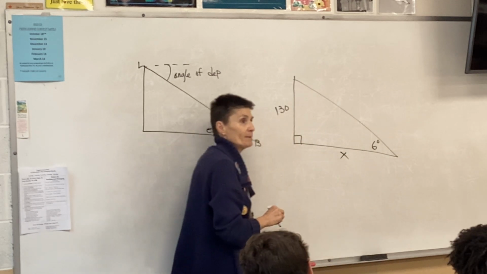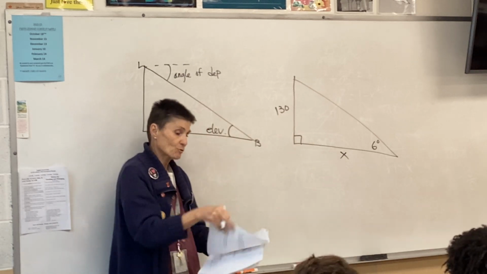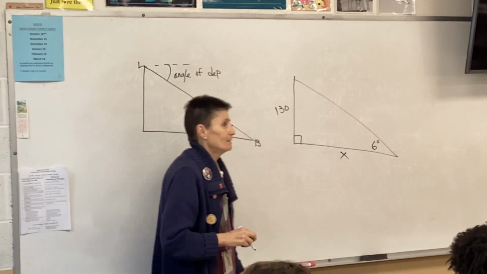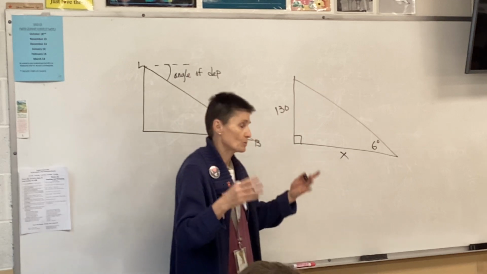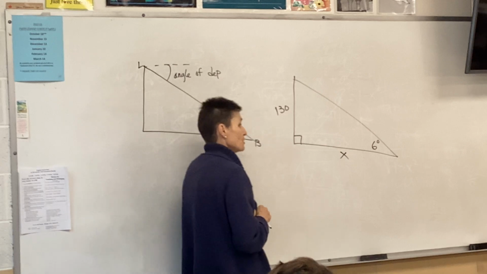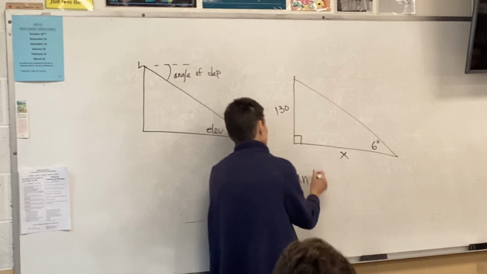Does that make sense to everybody? This is basic right triangle trigonometry. You have a right triangle, and you're allowed to assume that lighthouses, towers, all those things are straight up and down. So what function are we going to use? Sine, cosine, or tangent? Tangent.